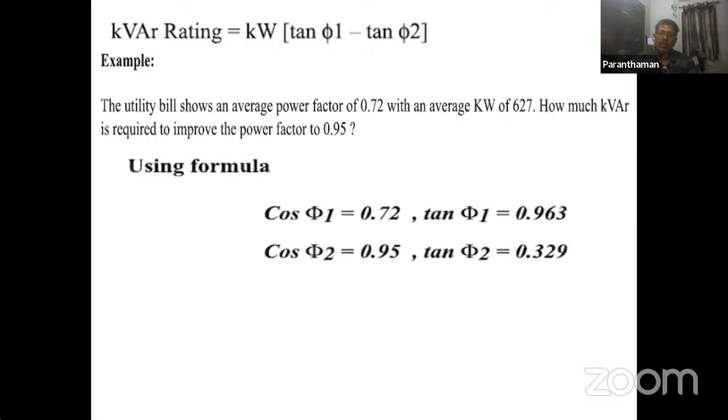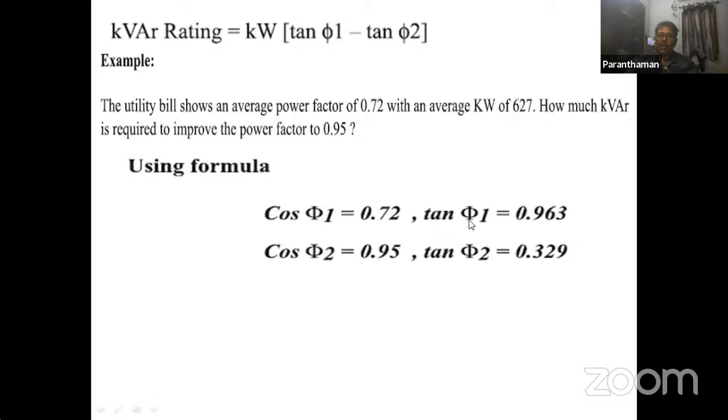You can use cos phi 1 as 0.72. So do you want me to solve this? Can you solve this with your calculator? I think you can do it. From 0.72, you can find phi 1, sir. How can you find phi 1? 0.72 inverse cos, we will get the value of phi 1.